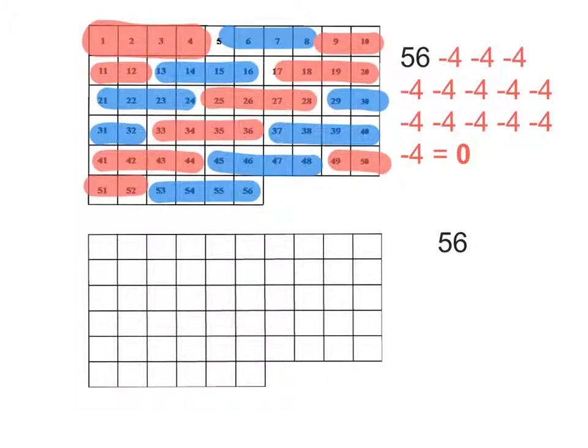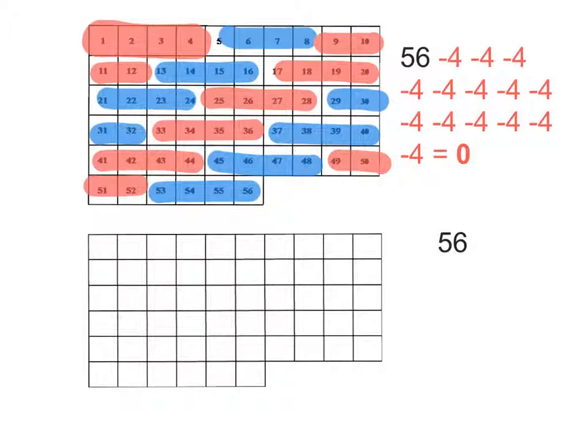So in effect, what we've actually done is had 56, and we've taken away 4 until there's nothing left. We've taken away 4 fourteen times.